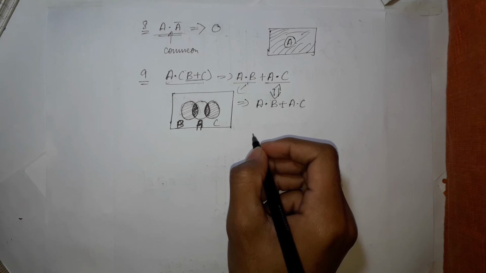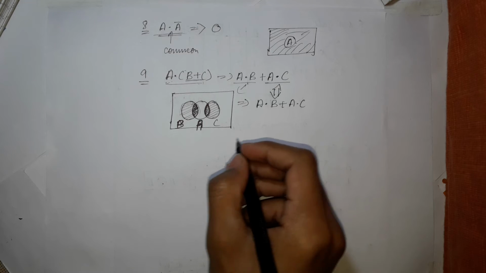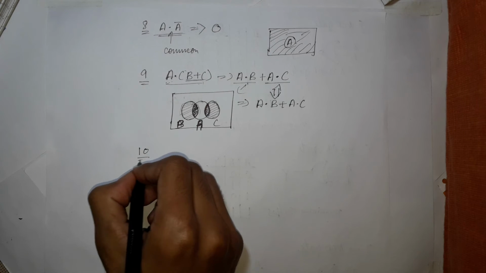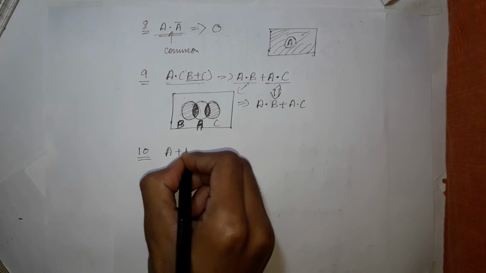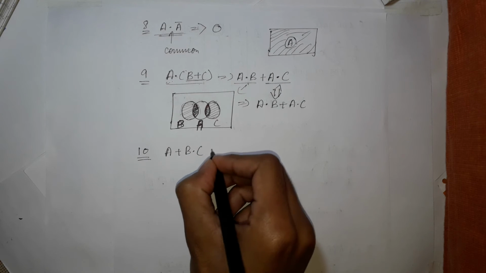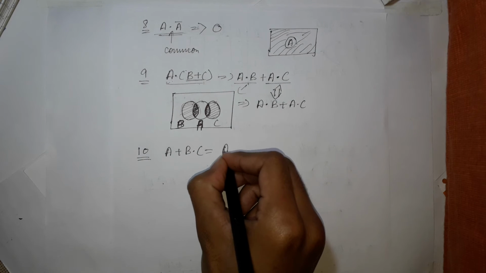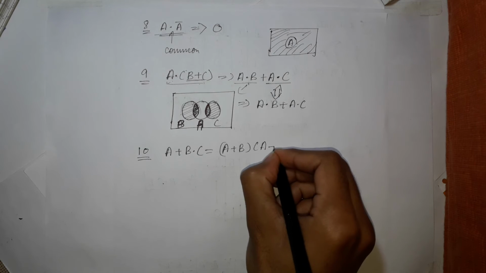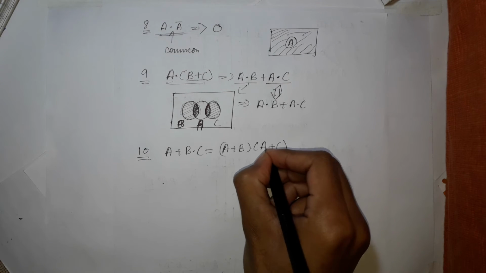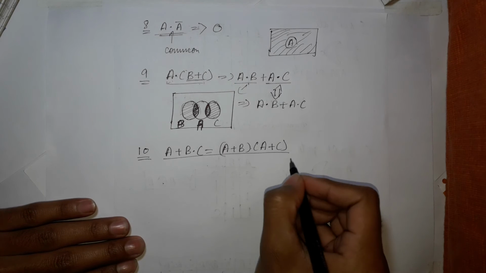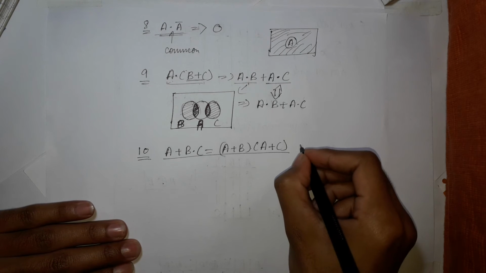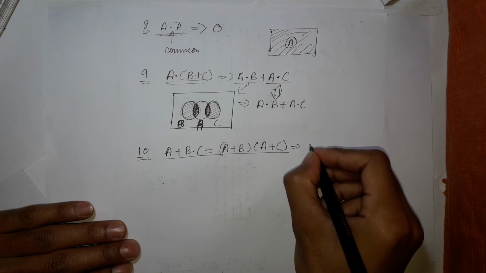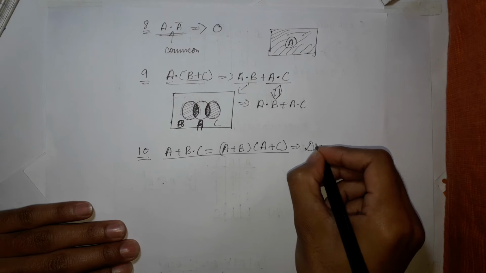Now next question is A or B dot C. Now the answer to this is A or B, dot, A or C. Now how is this true? First of all, it is also known as the distribution theorem.